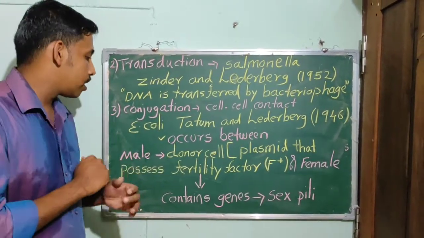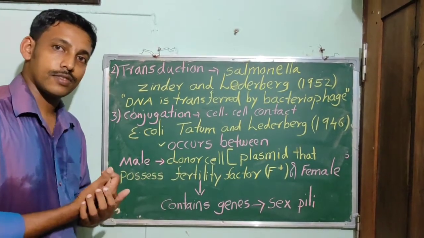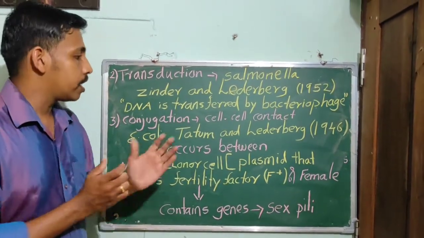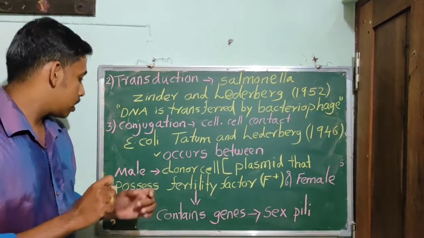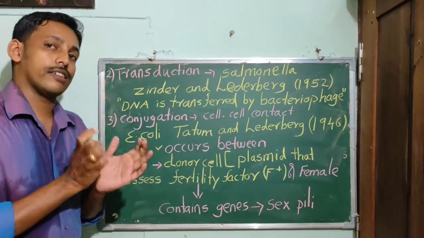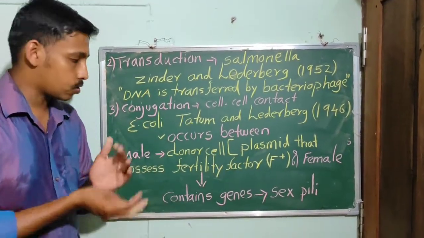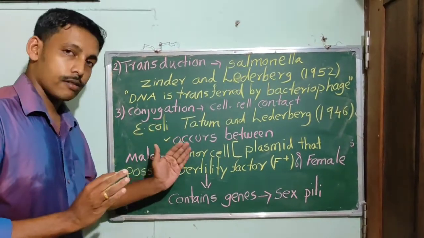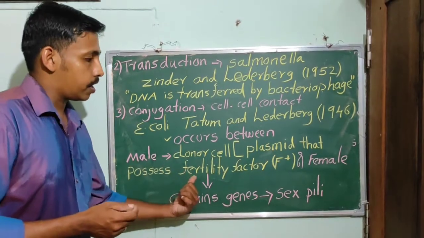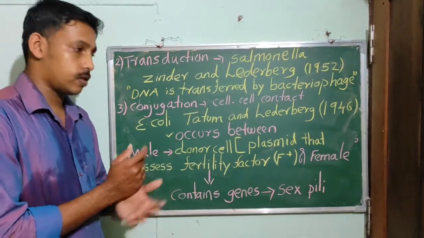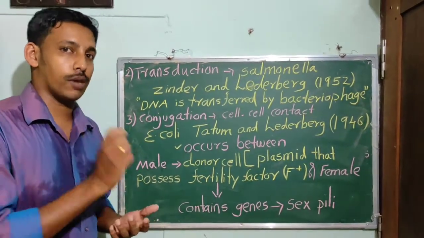What is a male? A male means a donor cell, a donor bacterium. The donor contains a plasmid that possesses a factor, the fertility factor or F plus. This type of cell is considered male.